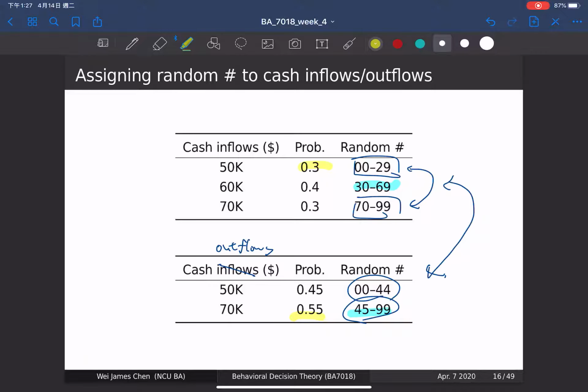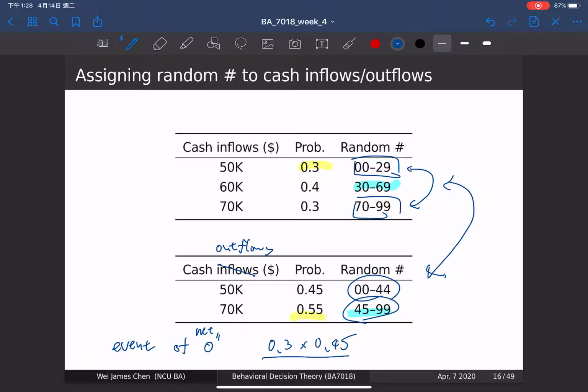You can get an inflow and outflow both 50k, or inflow and outflow both 70k. So in that case, for the event of net equals 0, the first case has 0.3 times 0.55.